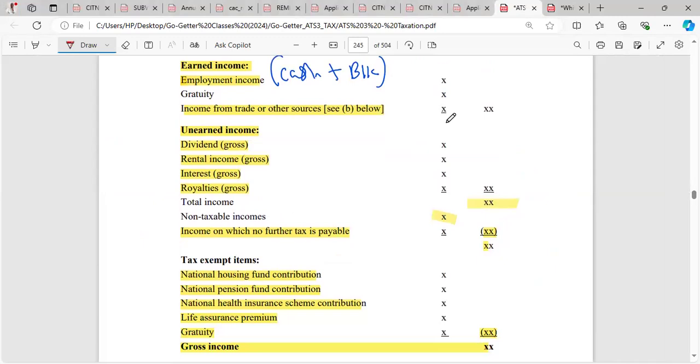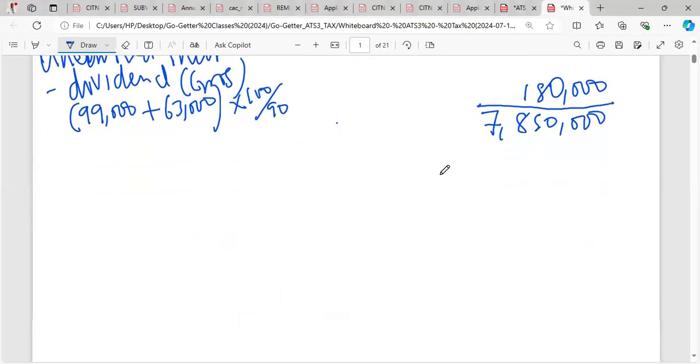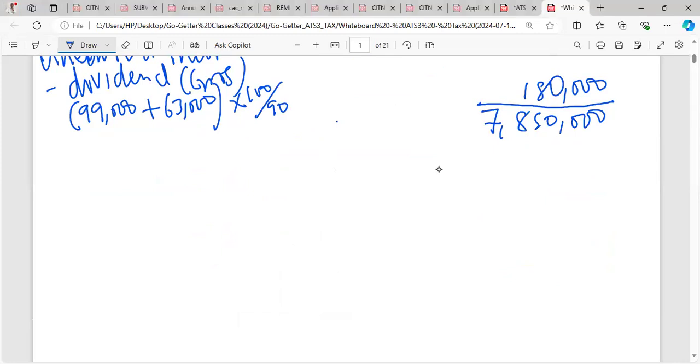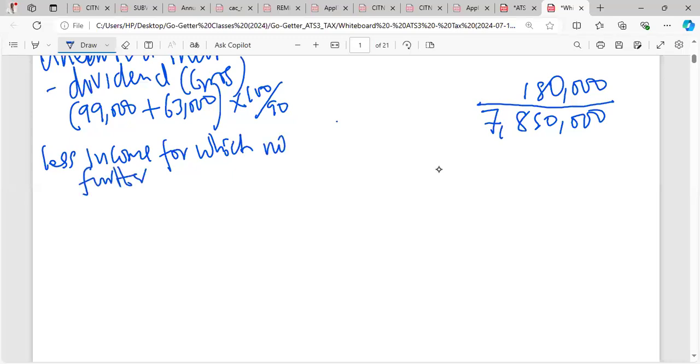Now we need to remove income from which no further tax is payable. An example of that is dividend income. So we will now say less income for which no further tax is required. Remember, they give you your dividend income as net. You were the one who grossed it up.